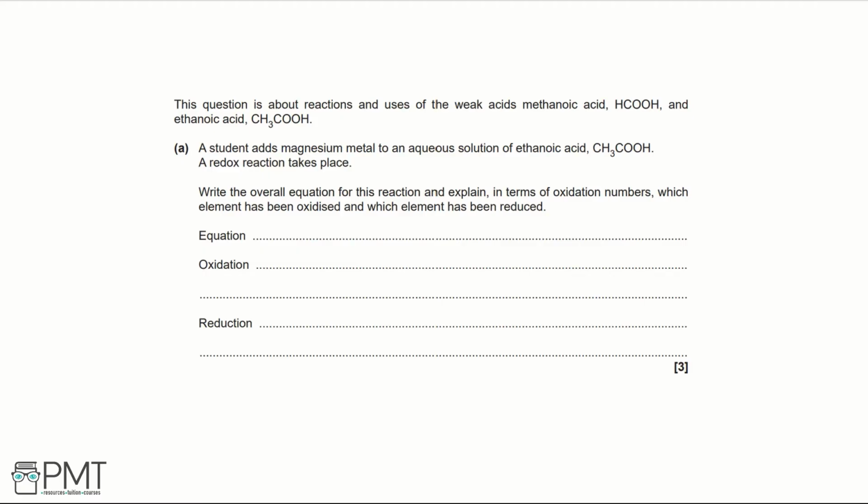So firstly, let's write the equation. So we're told we're adding magnesium metal to ethanoic acid and a redox reaction is taking place. So let's start with our reactants. We've got magnesium and ethanoic acid, CH3COOH. Then we're going to produce magnesium ethanoate.